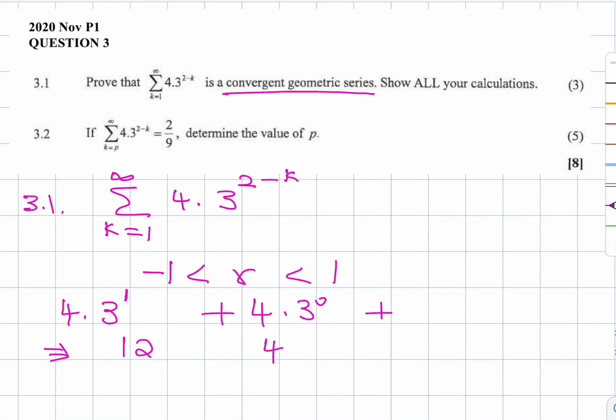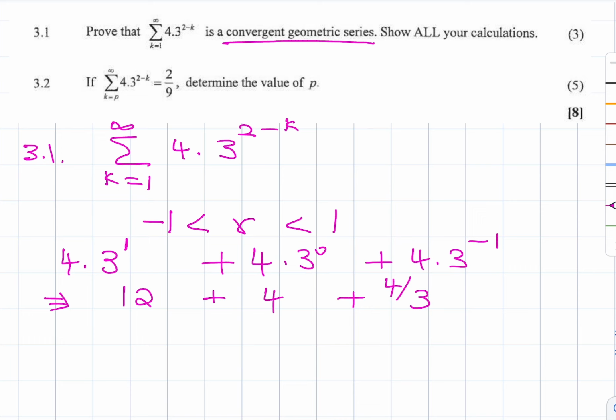Then the third term, now you substitute a 3, 4 times 3 to the power 2 minus 3 will give you -1, which happens to be 4 over 3. So those are your first three terms.